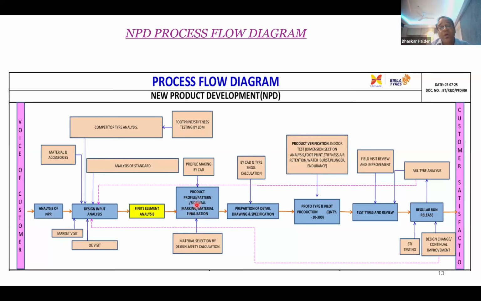After manufacturing from the drawing, as you know, a tire goes through compression molding, so for that we need molds. After procuring the molds, we make a few tires, called prototype tires.